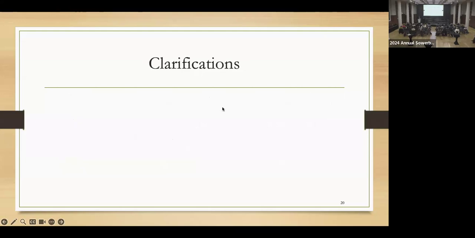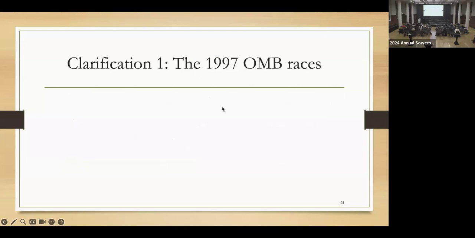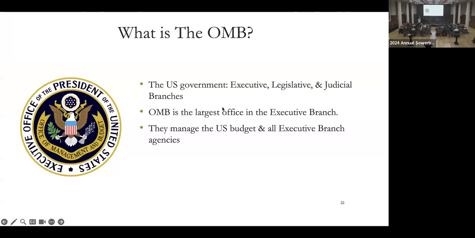Okay, so what are some of the key terms that are used in the argument? I, of course, am not assuming that people in Britain are familiar with what the US government has been doing in terms of its official race talk for over 2 decades now. So here's a stab at that. The US government is broken up into 3 parts.